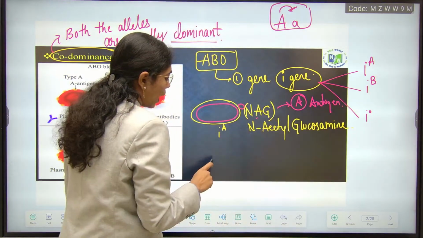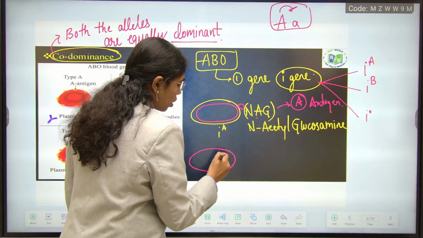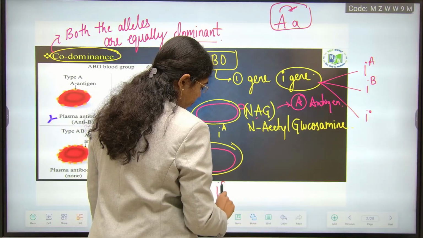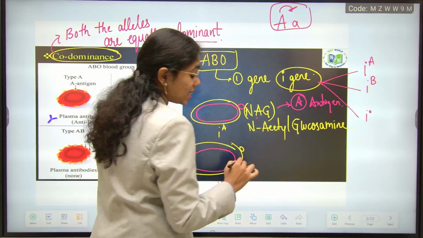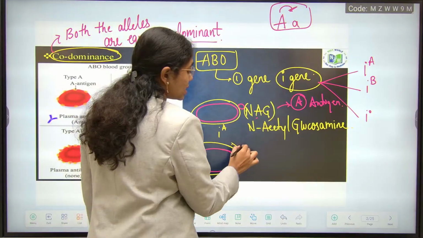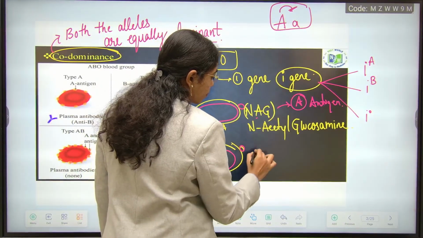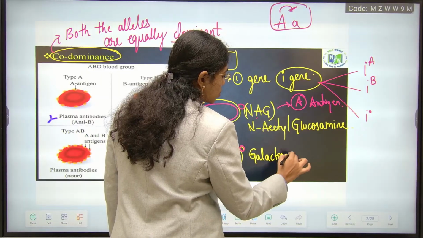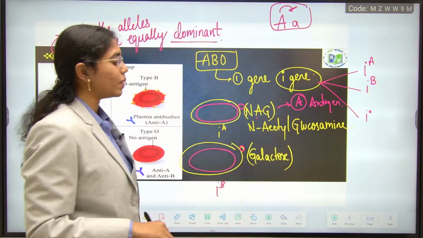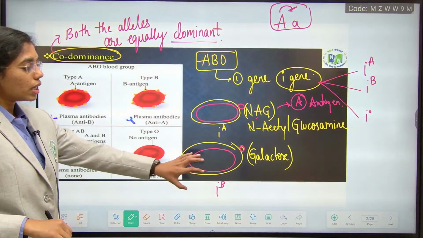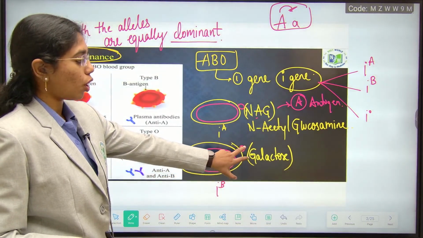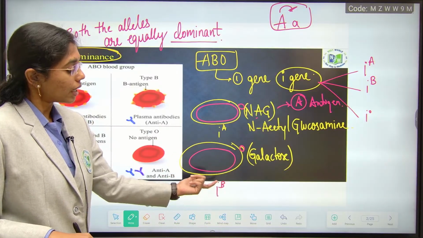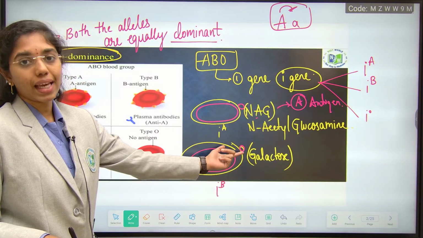Fine, right? And if the surface of the RBC is IB, it will have the polysaccharide unit which is galactose, beta galactose. This sugar unit present over the RBC surface will make it IB, the B antigen.